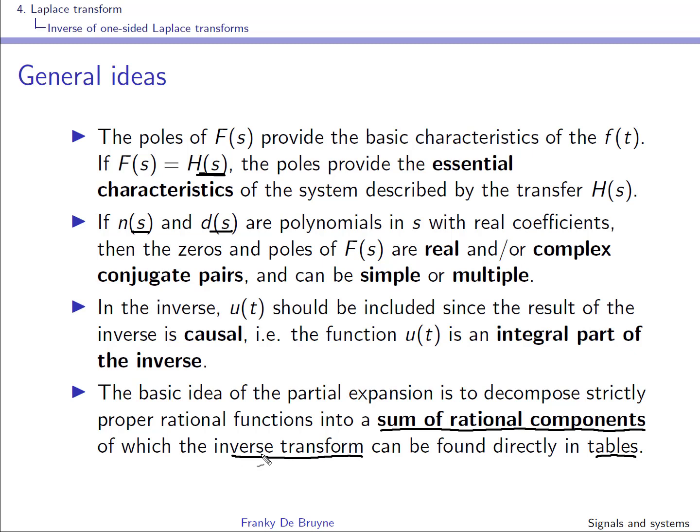In these inverse Laplace transforms, do not forget the u(t). It should be included because the result of the inverse is causal and it's an integral part of the inverse.